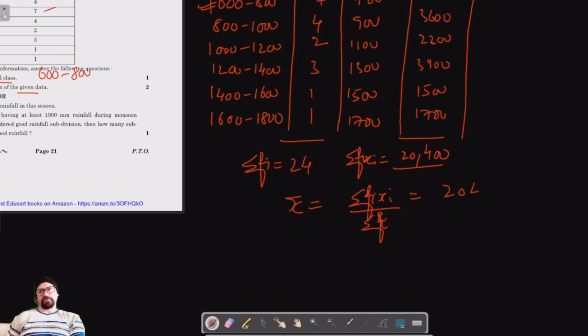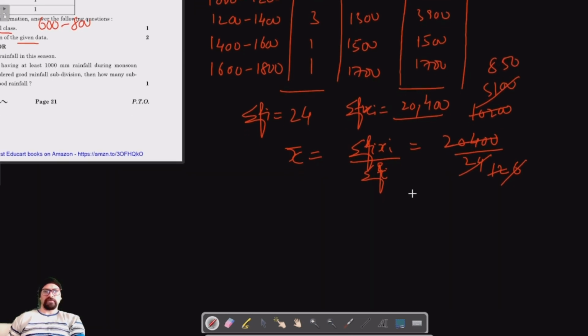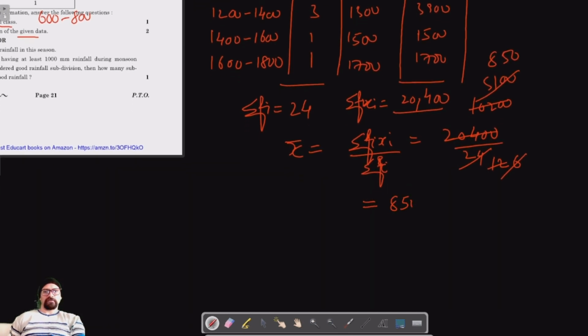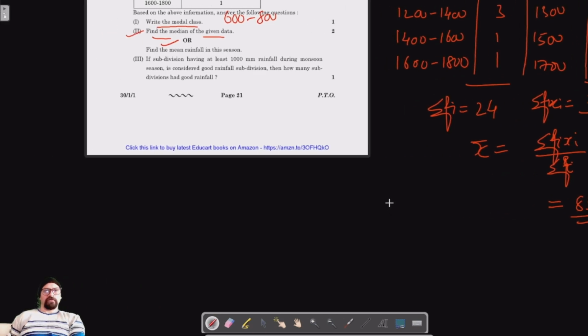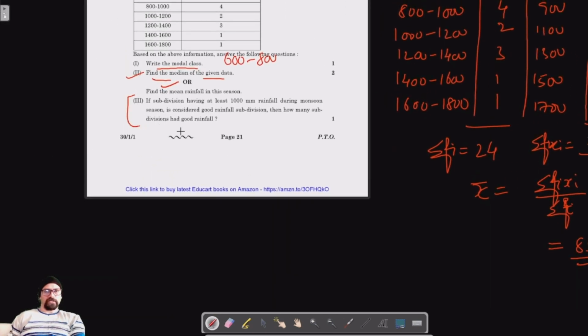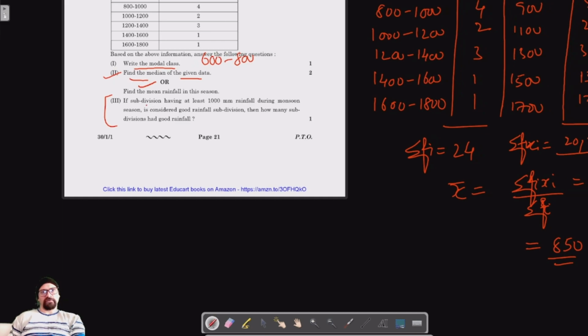So this is 20,400 divided by 24, which gives us 850. So mean is 850.